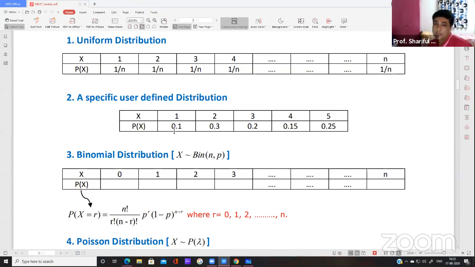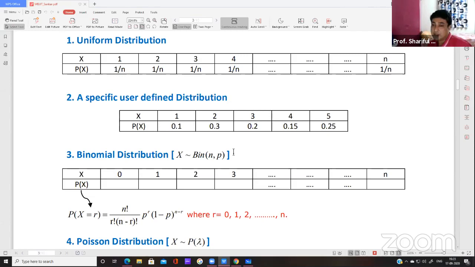And we know if it is a distribution, one property must be satisfied: the sum of all these probabilities must be 1. There are other specified kinds. So in this way, there can be infinitely many distributions we can describe for a random variable.